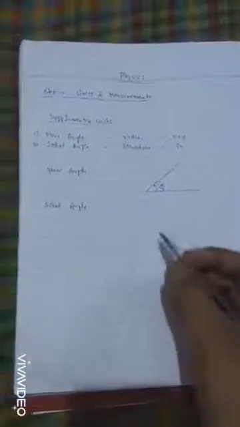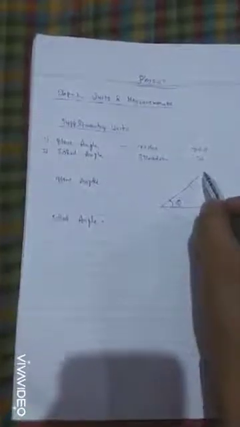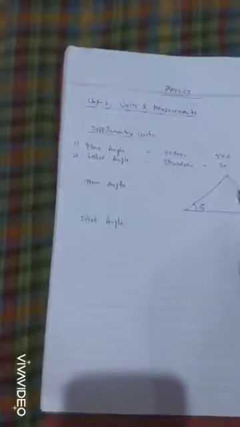We'll see in our video. So this is just a rough idea I am giving you about the plane angle and solid angle. So let's first continue with the plane angle, then we come to solid angle.